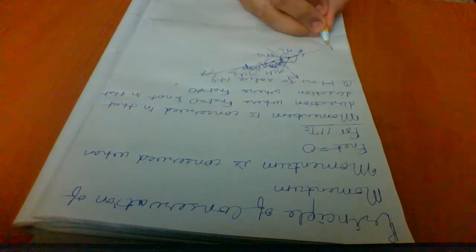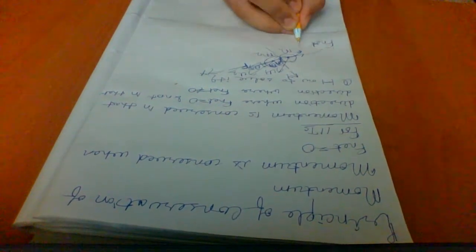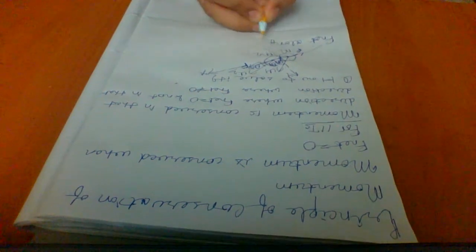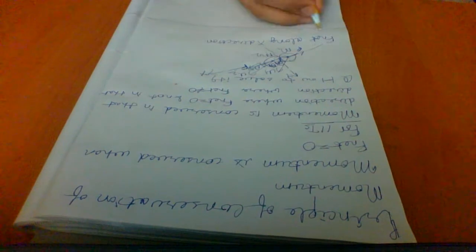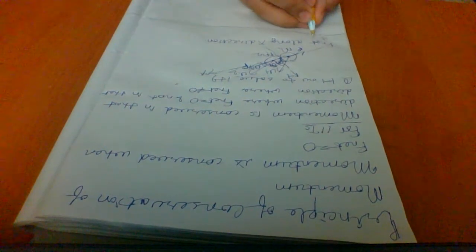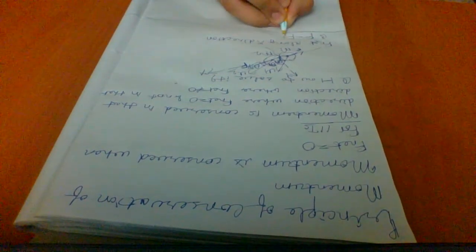So the net force along the x direction is F minus F, equal to 0.